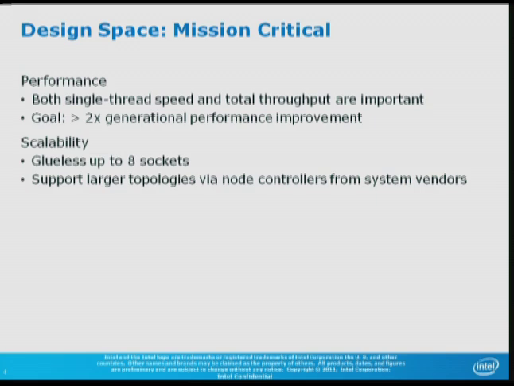The Poulson design must be robust enough to be able to scale from a small number of processors to systems that contain very large numbers of processors. Specifically, it has to support an 8-socket configuration that is glueless, and then be able to scale up larger beyond that using system chips provided by our OEM partners.